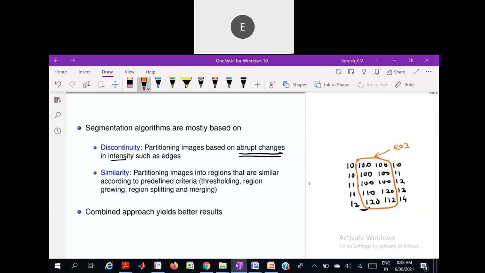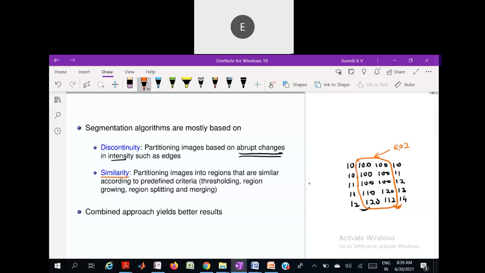You can clearly see that there is a change between the gray level values 14 and 112, 13 and 120. So you can see there is a drastic or abrupt change in the intensity. So obviously I can say this is my region of interest. I can use discontinuity based segmentation here, but this cannot be done always. Now there is also another method of segmentation called similarity.